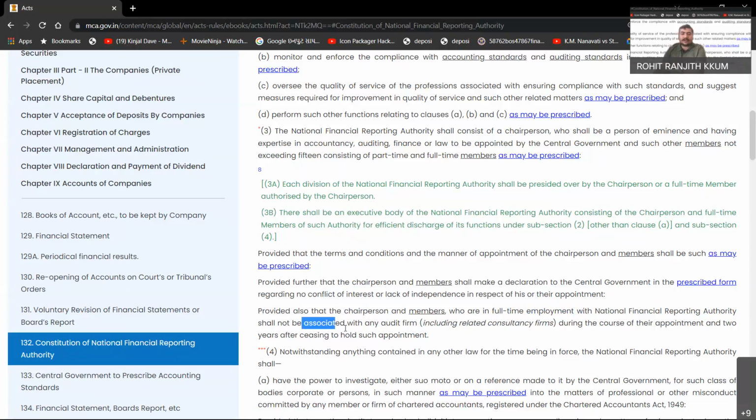When I talk about associated, it does not mean only employee. It includes employee, consultant or partner in any audit firm, including consultancy firms, during the course of their appointment, and after retirement they can join, but after a waiting period of 2 years. So I hope this paragraph is clear.